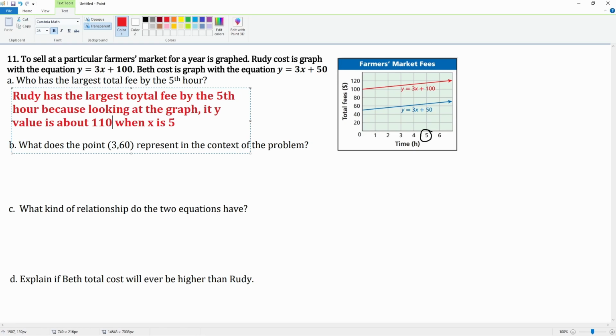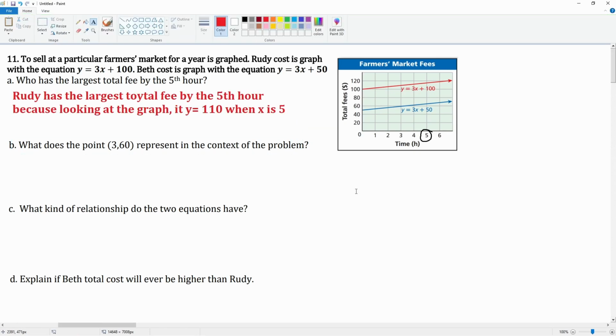So we can say y is equal to 110 when x is equal to 5. Okay, that's why. And here is what I'm referring to, at the point here. Notice this is around x is 5, comma 110, about.